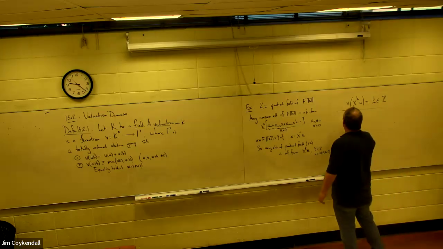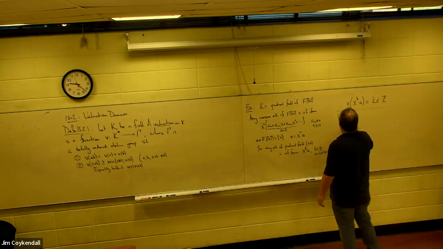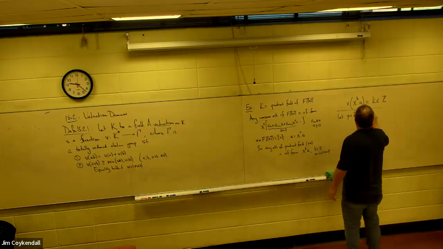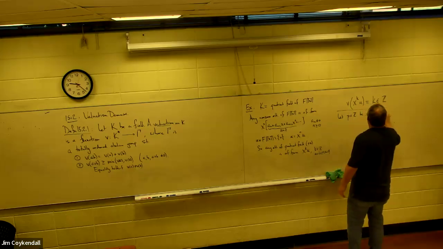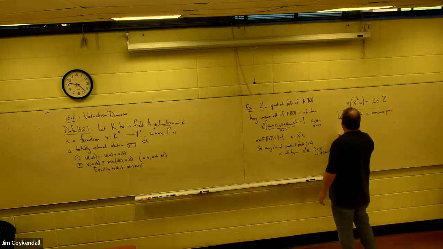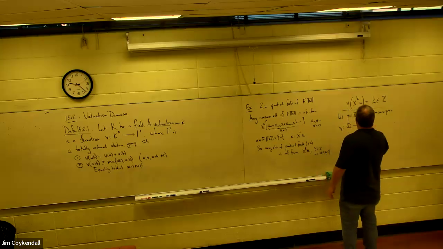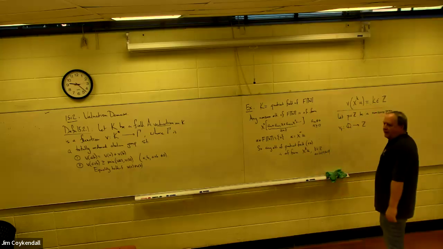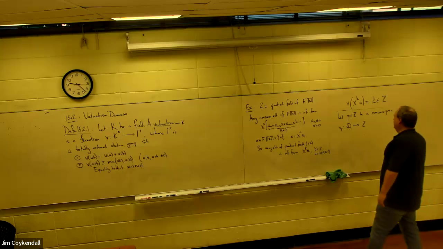Another example is to take a prime p. We can define the p-adic valuation v_p from Q into Z as well. And here's what I'm going to do.